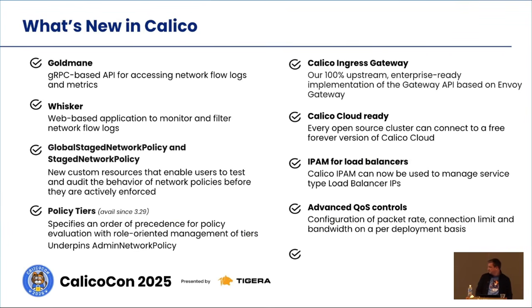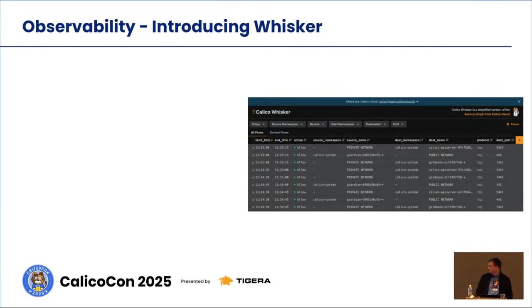We've added advanced quality of service controls at a really fine-grained level, so packet rate, connection limit, and bandwidth. And I believe Pedro's going to show some of this later in eBPF. And we have released NFTables, so I have a different slide on that in a second. It should be interesting for people to understand a little more about this and why they may want to use it in Calico going forward.